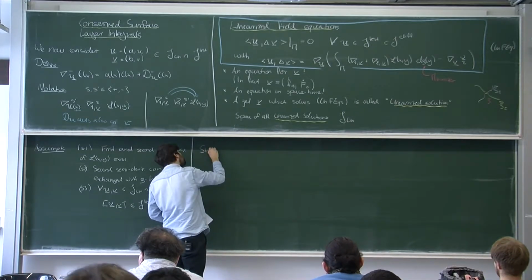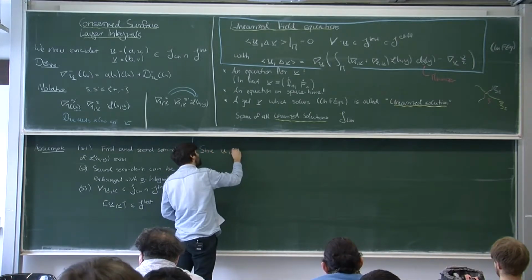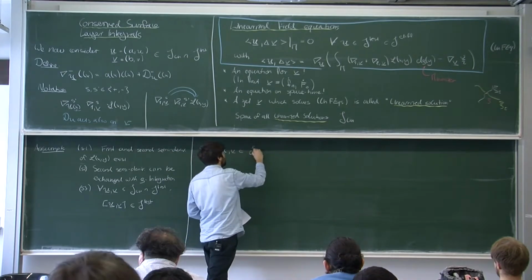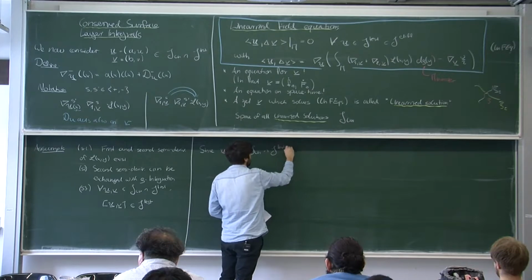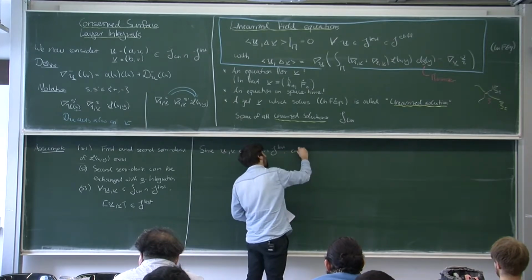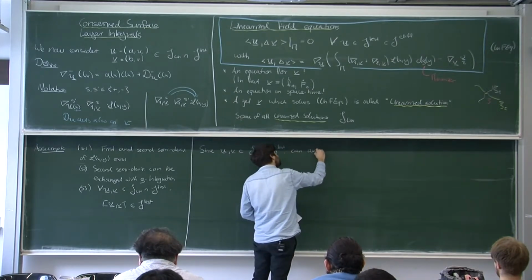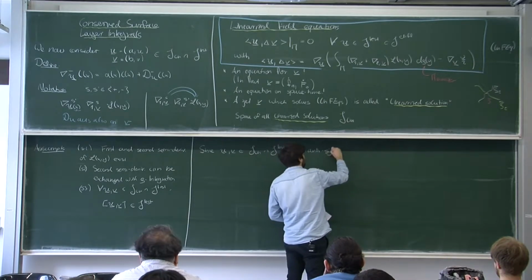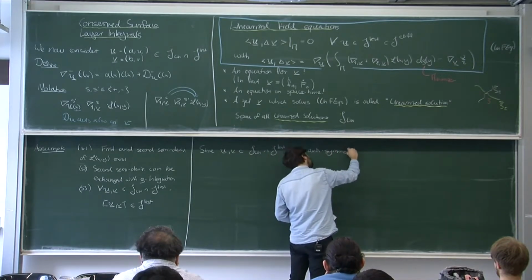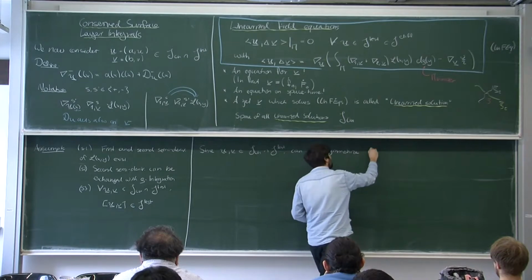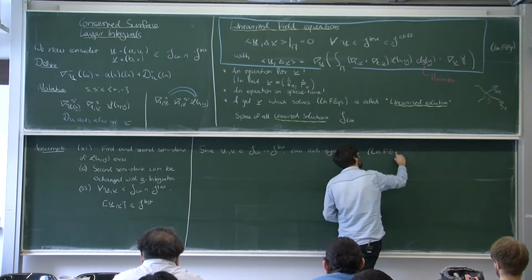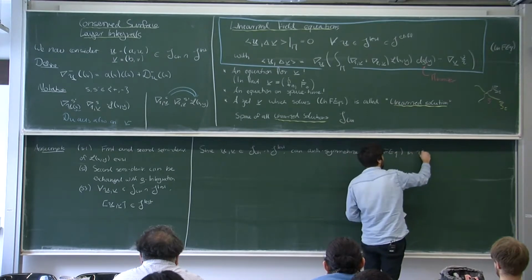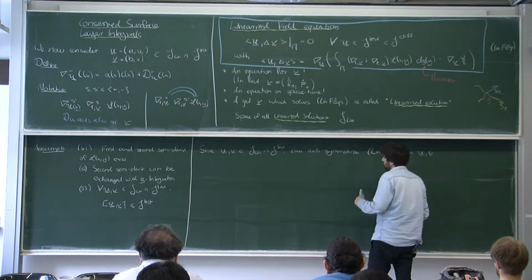Since u and v are in the linearized solutions and in the test spaces, we can anti-symmetrize the linear field equations in u and v. And this is what we'll do now.